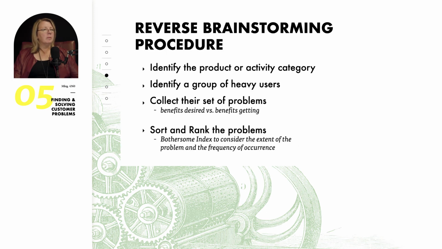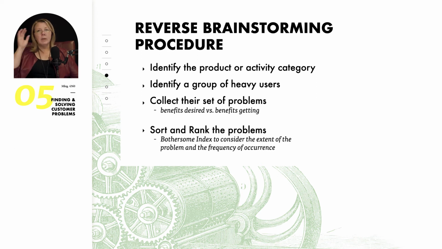One method used for problem analysis is called the reverse brainstorming procedure, and these are the four steps in the process. First of all, you're identifying a product or an activity category. You need to find a group of users, heavy users, so they are knowledgeable about this area.